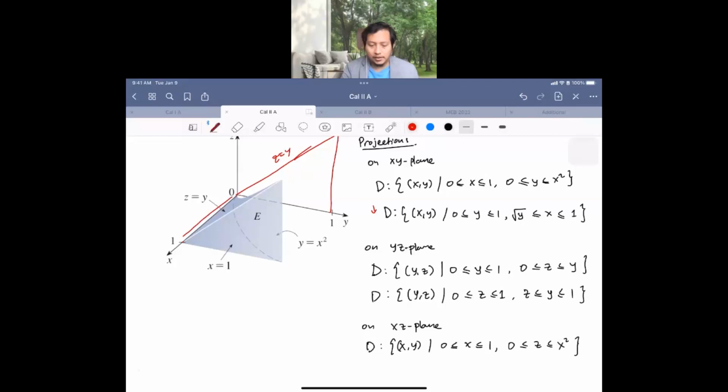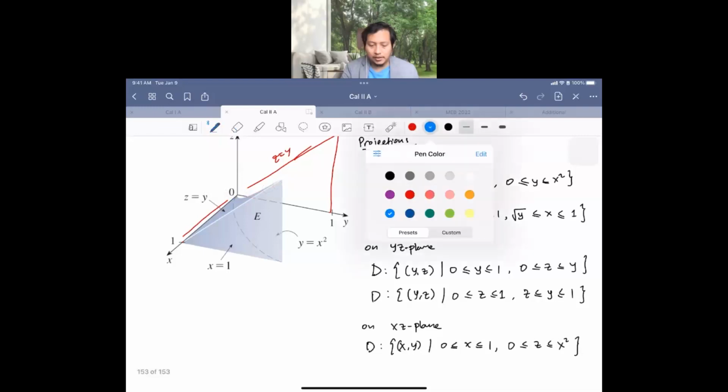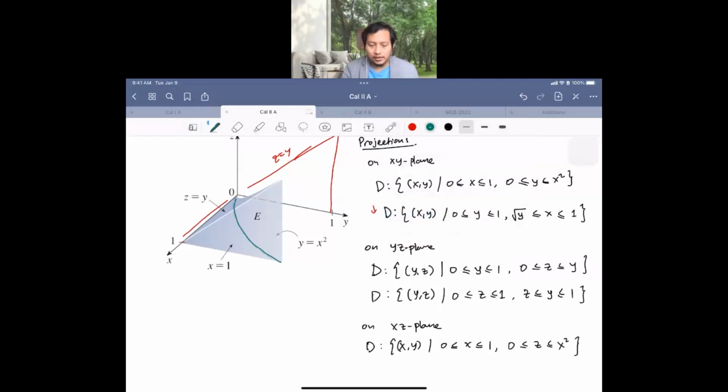Okay, this is from this part here, small part here. This is the XZ, and we have another one here, projecting to the XZ plane. Okay, I hope you can see. So it starts from here, y equals x squared, and then it's projecting through here. Okay, I hope you can see that part. So that's why we have z equal x squared from here.